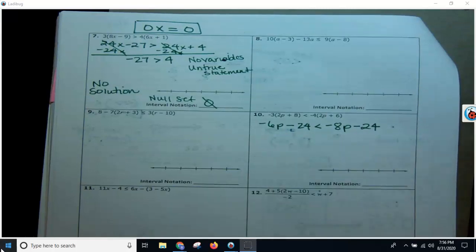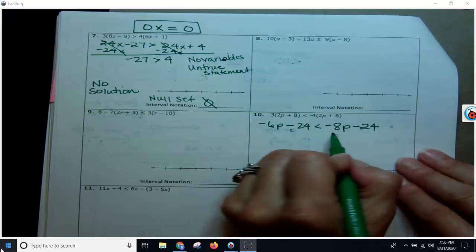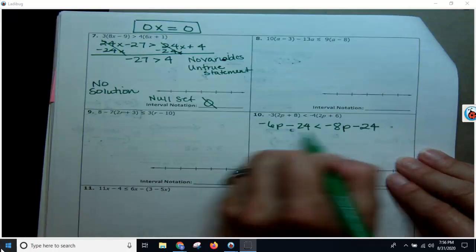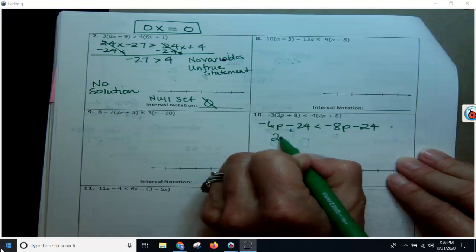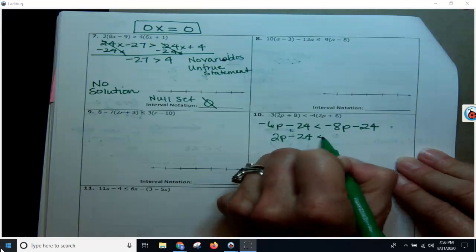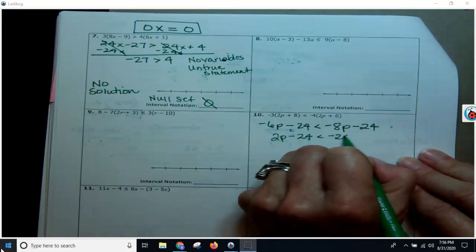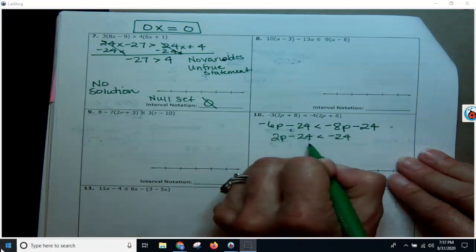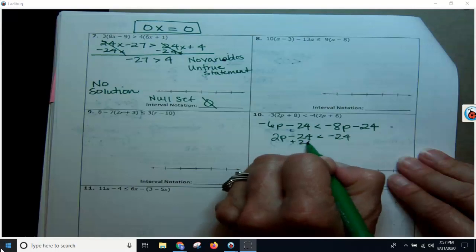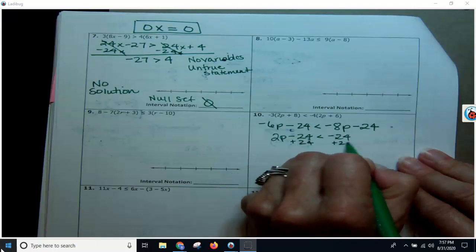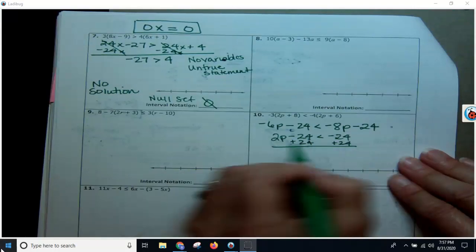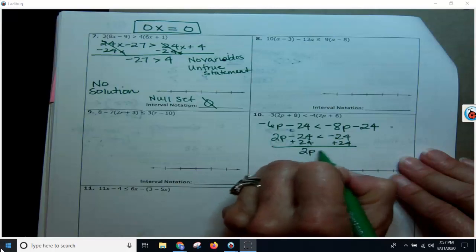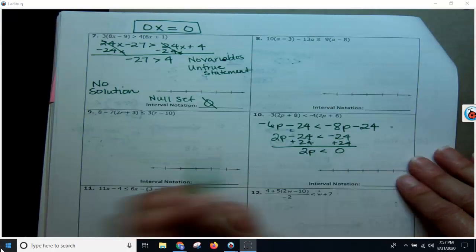All right, so I'm going to add 8p to both sides, and I'm going to get 2p minus 24 greater than negative 24. Now I'm going to add 24 to both sides, and look at this. Plus 24 plus 24, and I get 2p is less than 0.